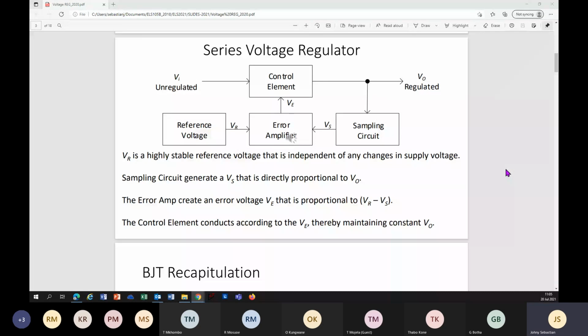So we have VI unregulated. That is exactly the so-called VDC we found under power supply, the full wave bridge rectifier with a capacitor filter. At the output, you will see V0 regulated.